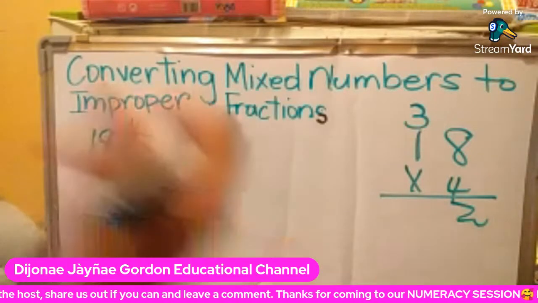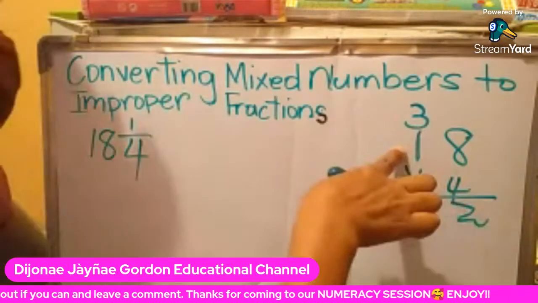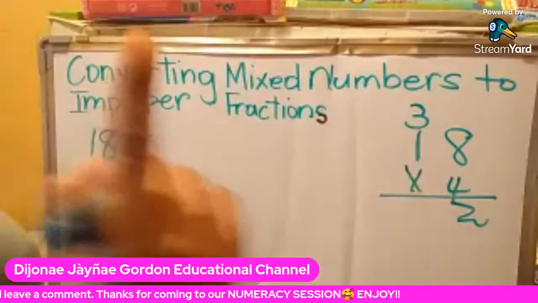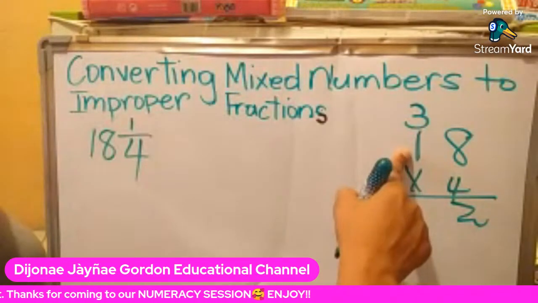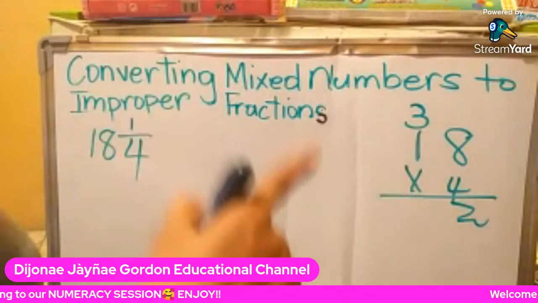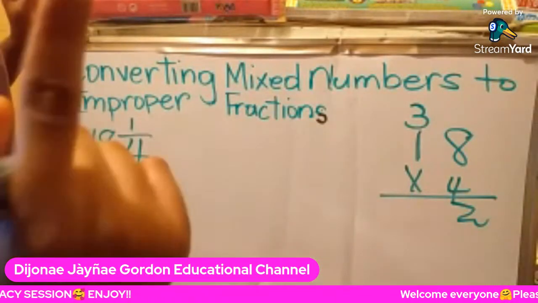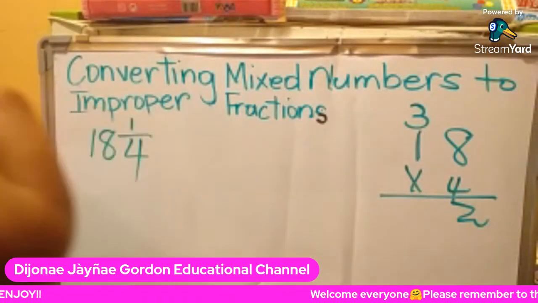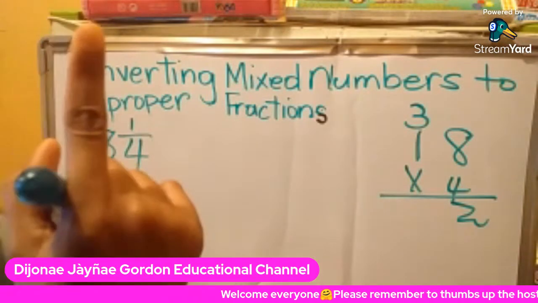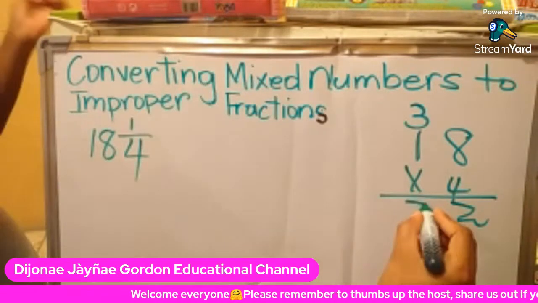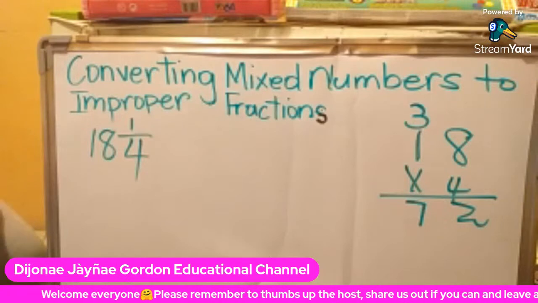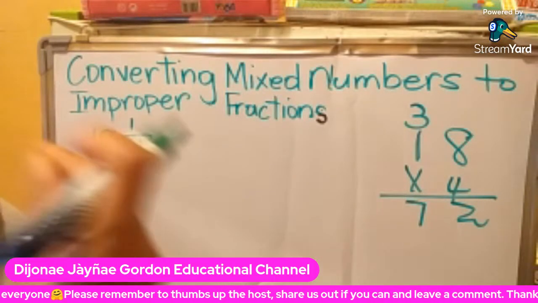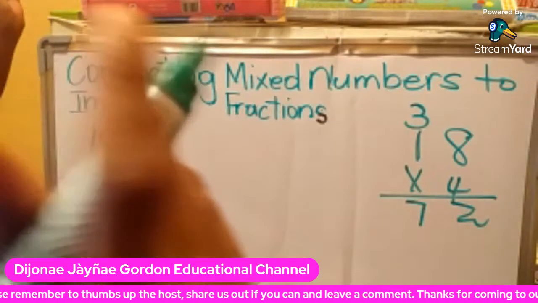Now you are going to multiply 4 by 1 and not 4 by 3. 4 multiplied by 1 is 4, and then you are going to add 3 to it. 4 plus 3 is 7. So you get 72. So 4 multiplied by 18 is 72.